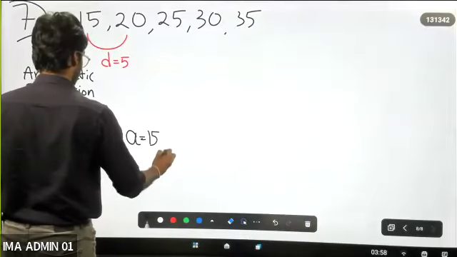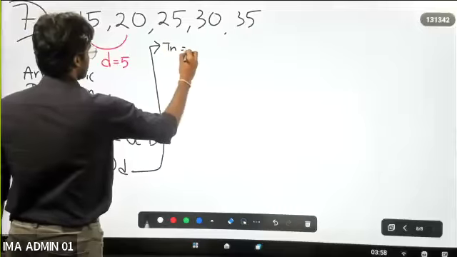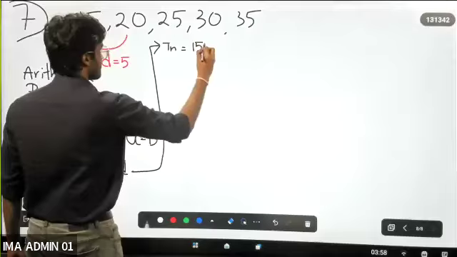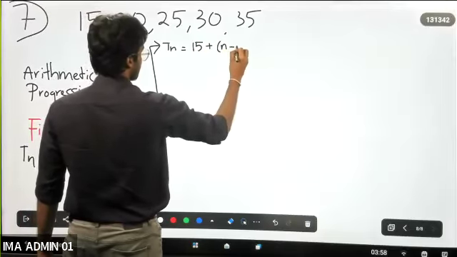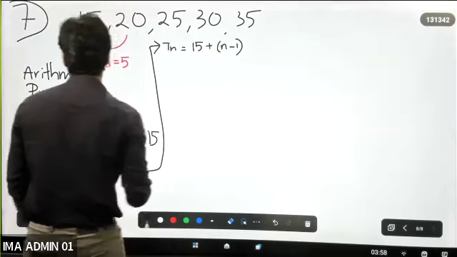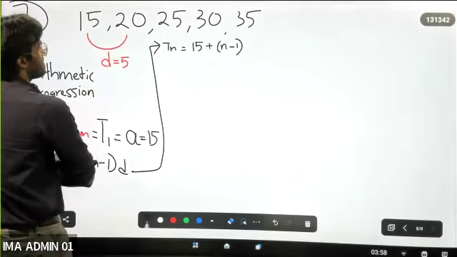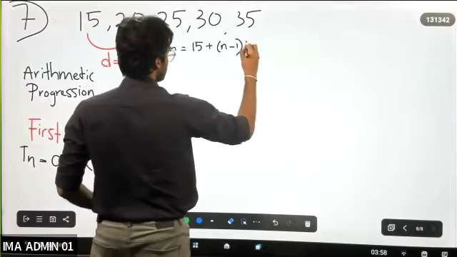I will write this down here. Tn is equal to A, which is 15, plus n minus 1 comes straight away. n in this scenario is the day, the particular day, and d is 5.